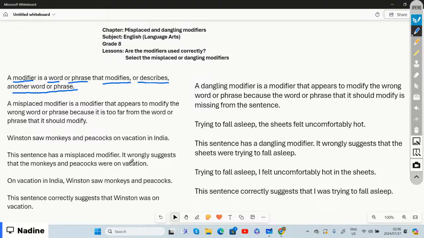So once again, a modifier is a word or phrase that modifies or describes another word or a phrase.